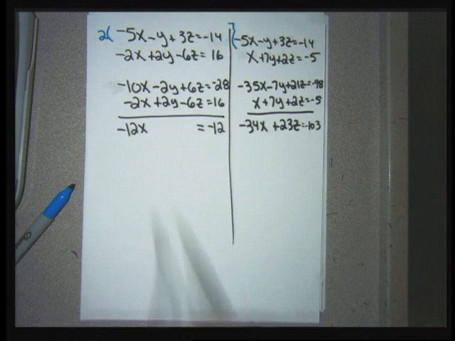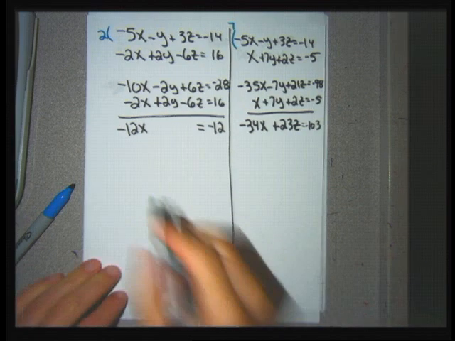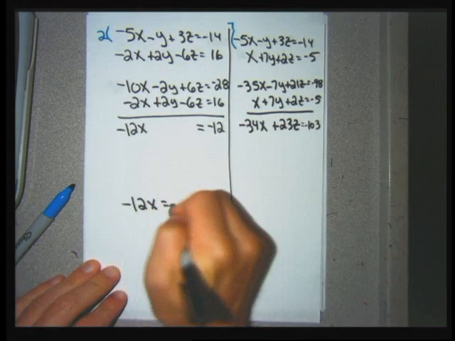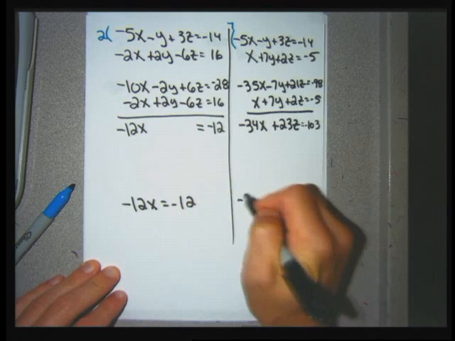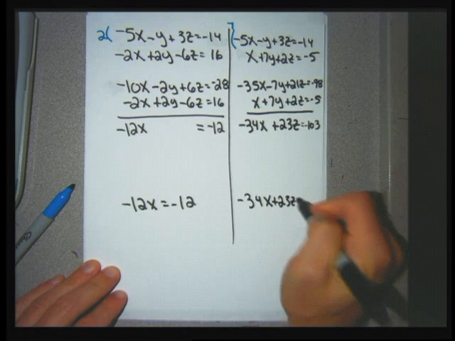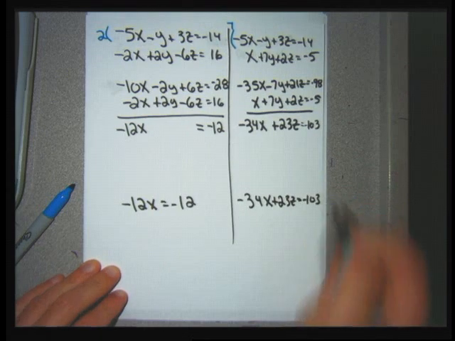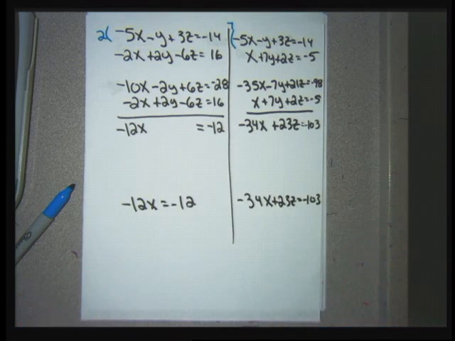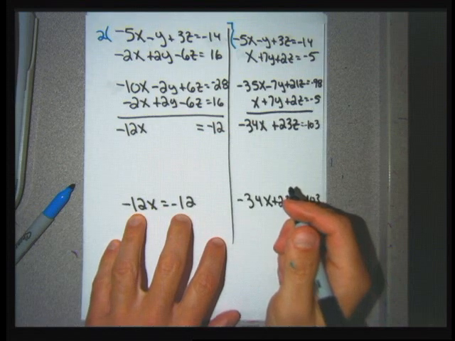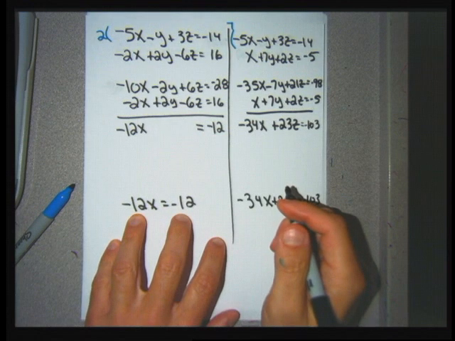So now I have two equations that I'm working with. This equation, negative 12x equals negative 12, and this equation, negative 34x plus 23z equals negative 103. Normally I'd stick those on top of each other and use the elimination method, but I don't have to in this case, because this equation by itself, because it only has an x, gives me the ability to solve for x.